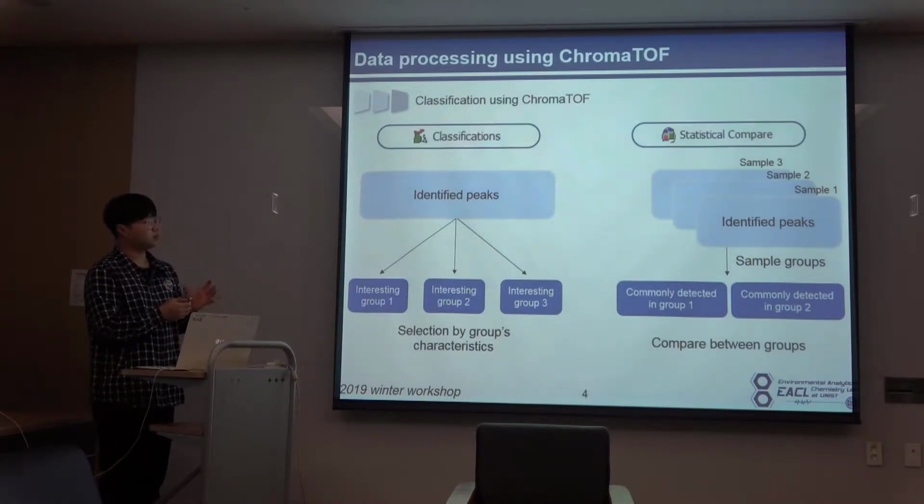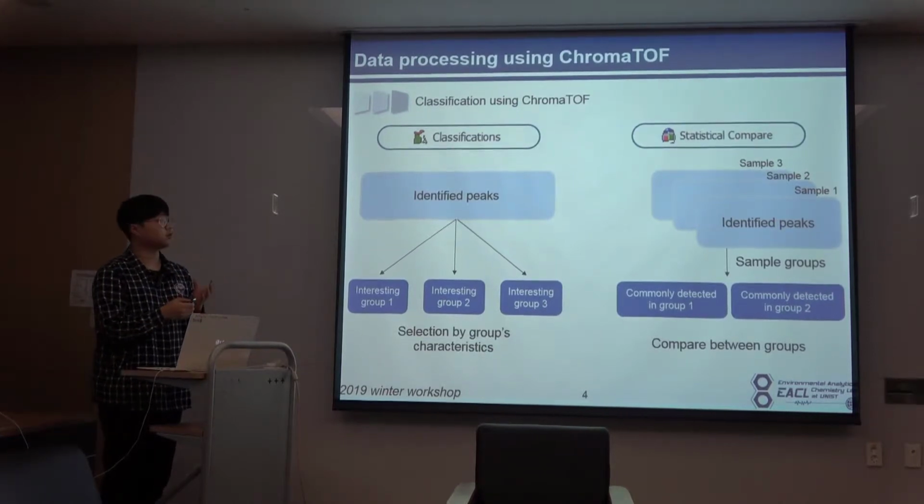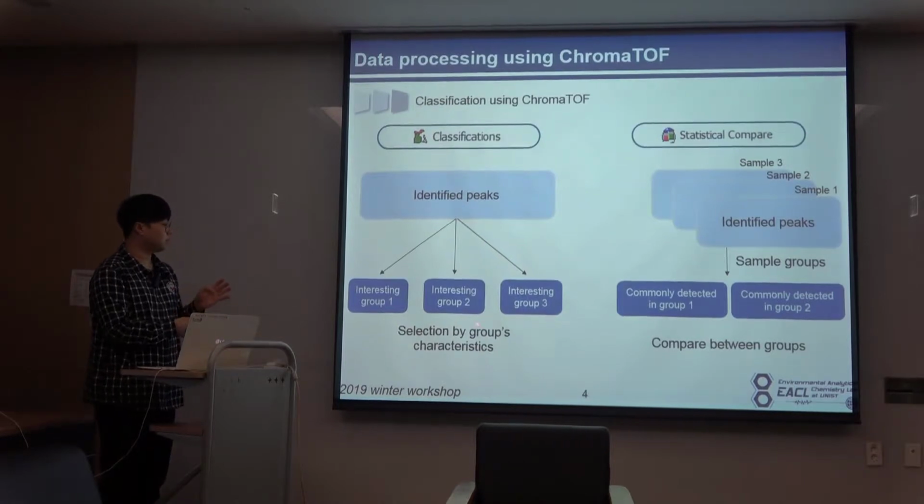There is some confusion of wording here, because my presentation title is classification. That classification means grouping of compounds, and this classification is just the name of a function. This function is basically focused on selection by group characteristics.